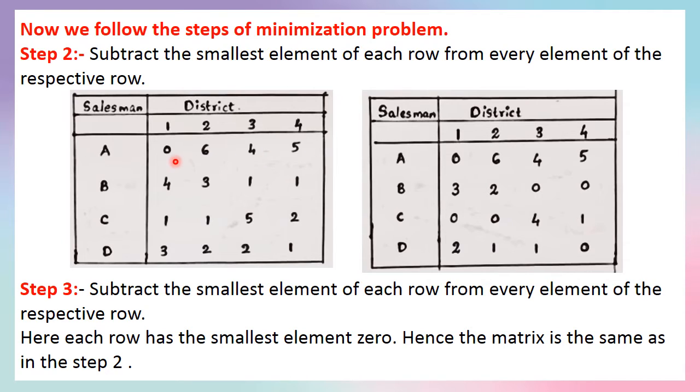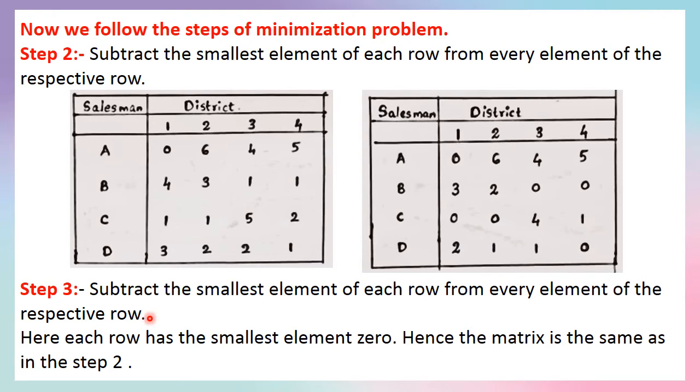First row has the smallest element 0, so we have the same elements in the new matrix also. Second row has the smallest element 1, so we subtract 1 from every element of that row. So 4 minus 1 is 3, 3 minus 1 is 2, and 1 minus 1 is 0, 1 minus 1 is 0. So we get these elements. Similarly we find the elements of the next two rows and get this matrix.